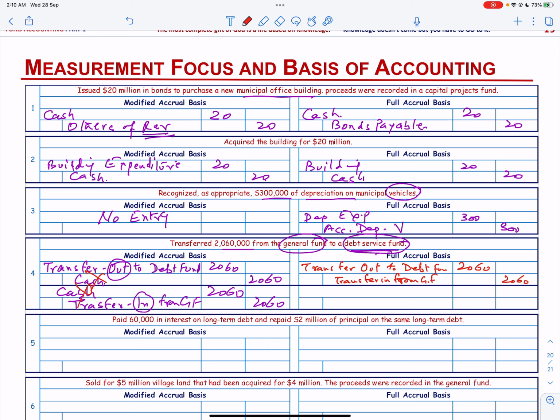Let us look into the fifth transaction. Paid 60,000 interest on long term debt and repaid 2 million of principal amount.